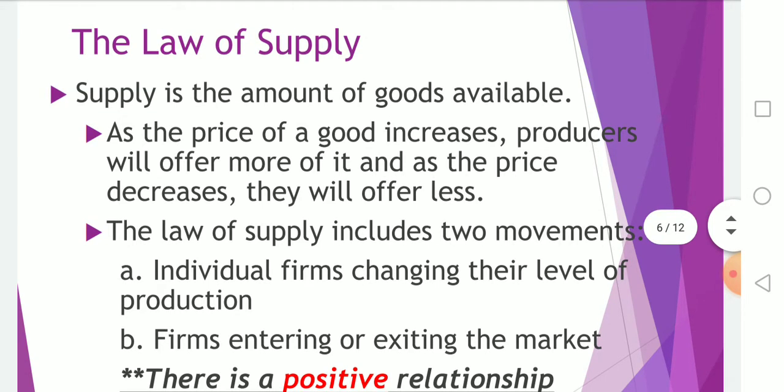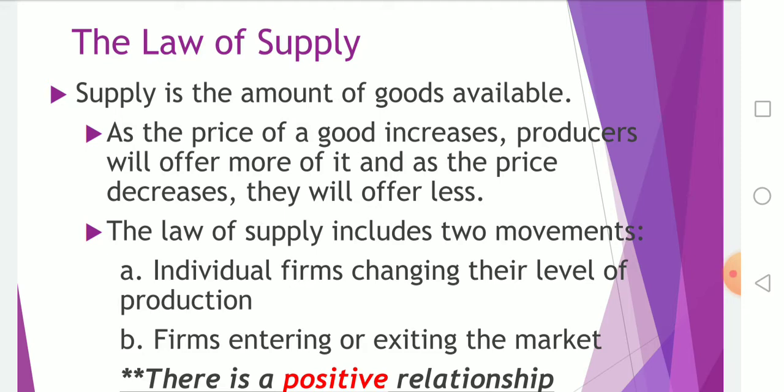Supply is the amount of goods available. We know as the price of the good increases, producers will offer more and more in order to increase their profit. As the price decreases, they will offer less and less because they don't want to get any losses.